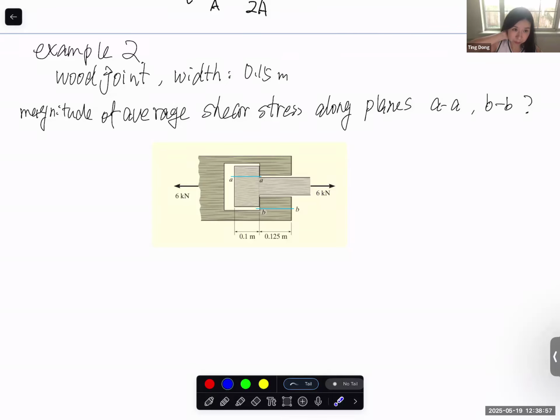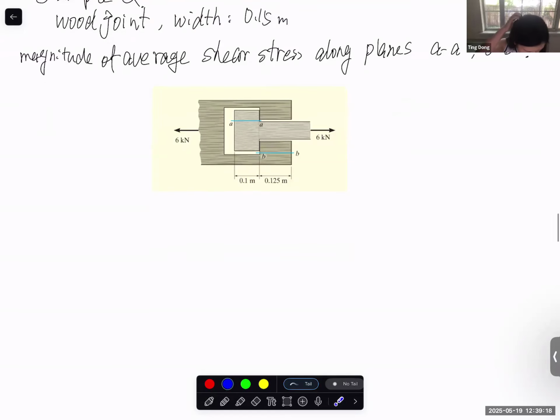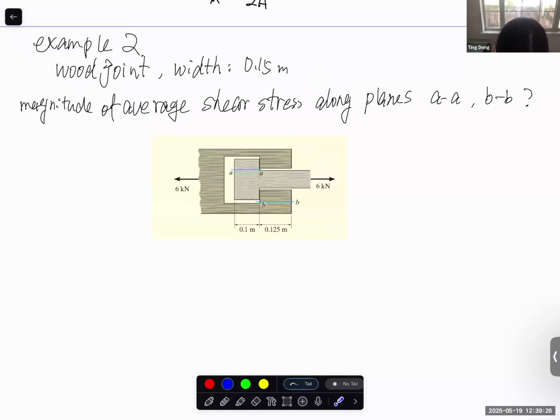How do we calculate the shear stress? Let's say for AA, what is the internal shear force on the AA section? What is the area? What area can we calculate? What's the internal shear force on AA? Anyone? What's the internal shear force along the plane AA here?